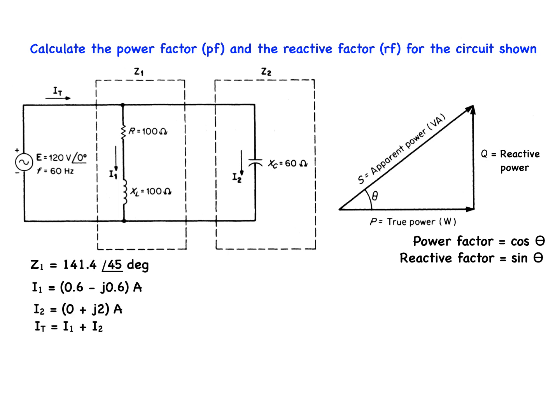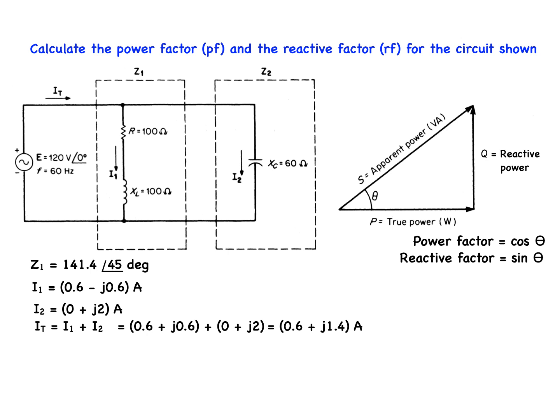IT is equal to I1 plus I2, which is equal to 0.6 minus j0.6 plus 0 plus j2, which equals 0.6 plus j1.4 amps in rectangular form.